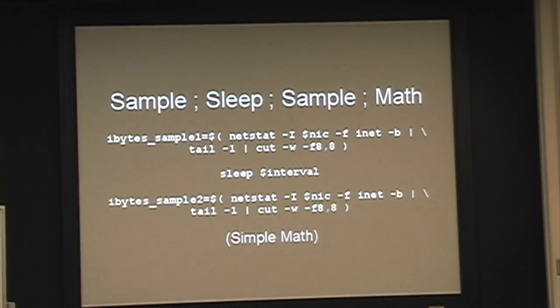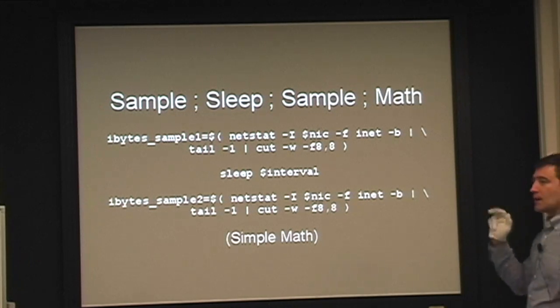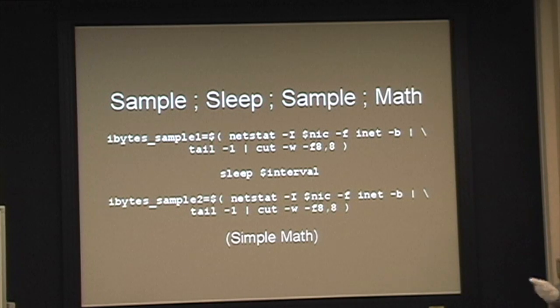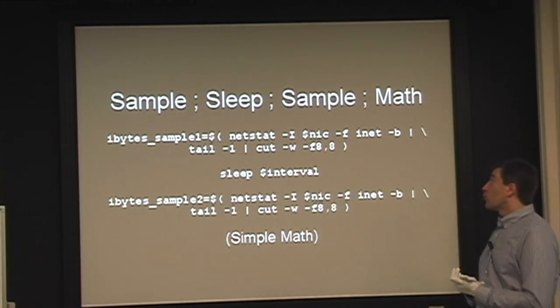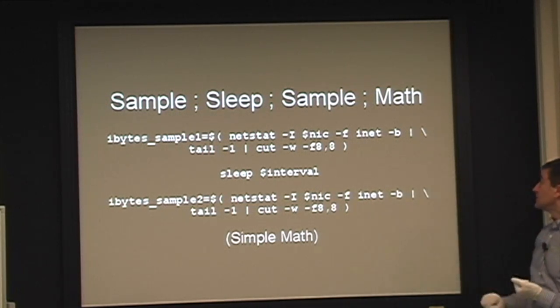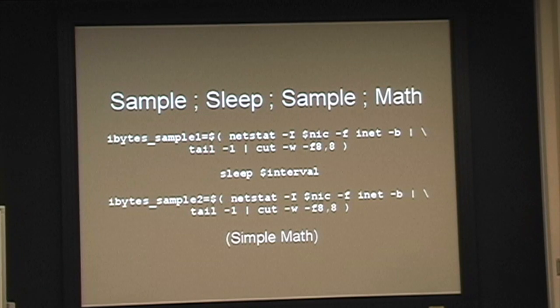So again, the simple math on testing anything blah blah per second. Well, sample it once, sleep, sample it again, do some simple math. And here I'm pulling out the iBytes as reported by netstat. Just grab it, sleep, grab it again, do some simple math.